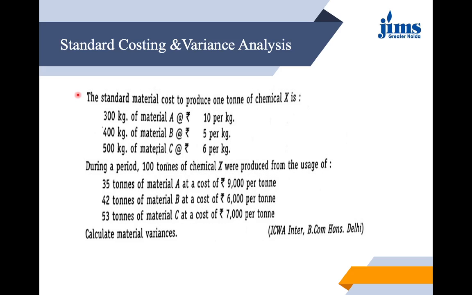During the period, 100 tons of chemical X were produced for the usage of 35 tons of material A at the cost of rupees 9,000 per ton. Mind that these standards are given to produce 1 ton. And 42 tons of material B at a cost of rupees 6,000 per ton, 53 tons of material C at a cost of rupees 7,000 per ton. We need to calculate the material variances.